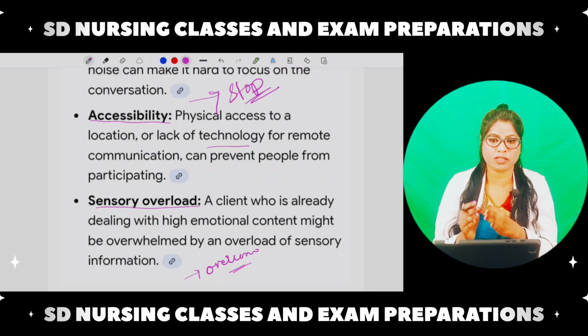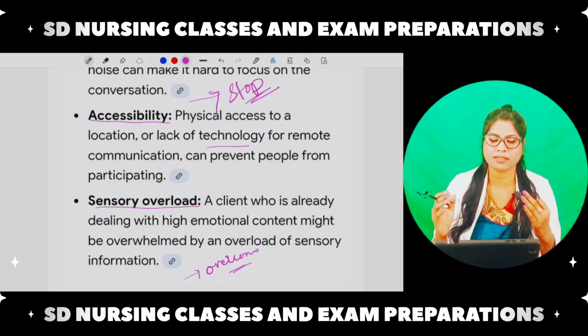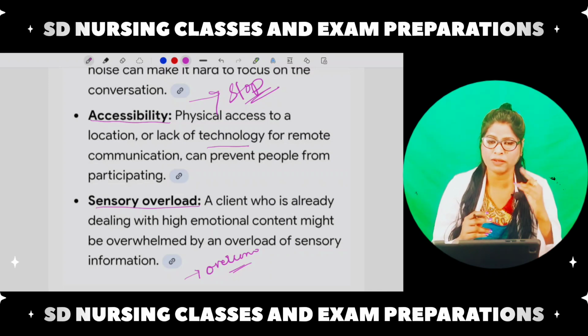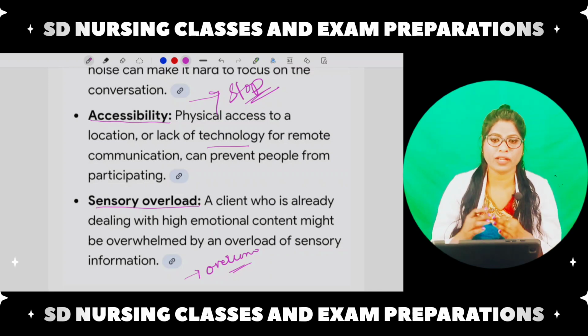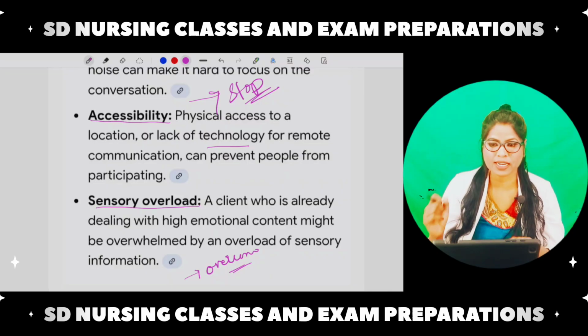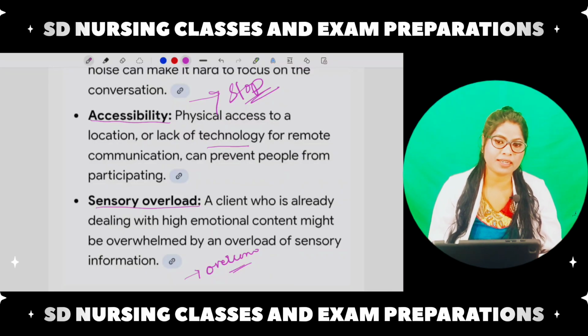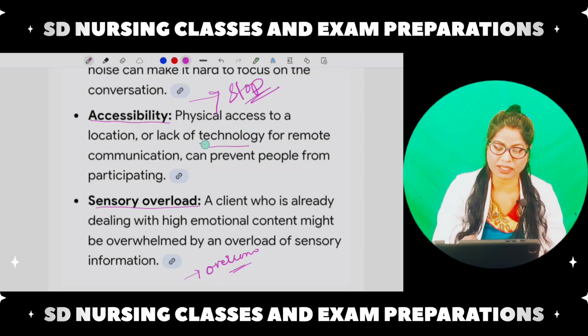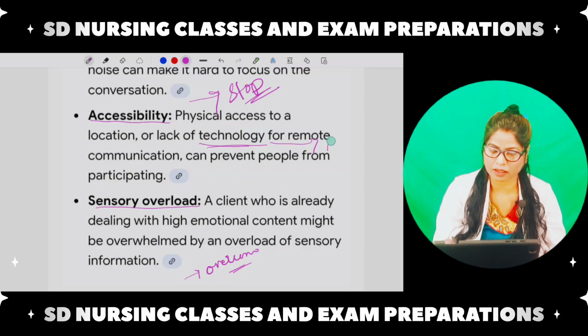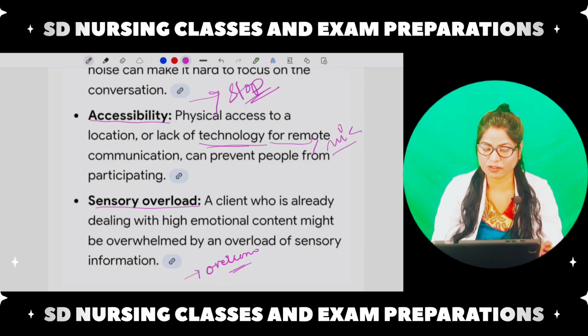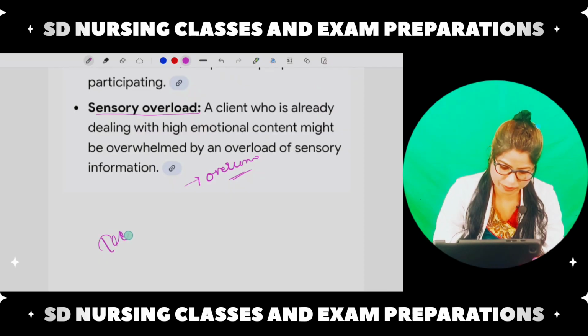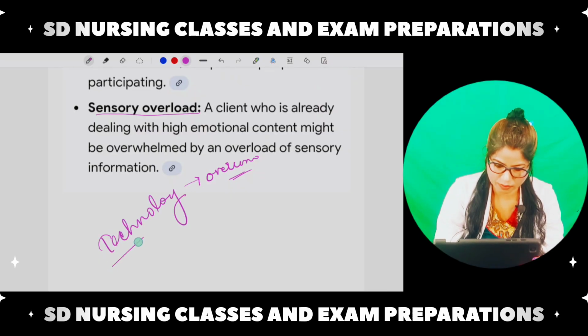And next is technology. Yes, technology means what? If in a crowded place a guest is there and people are waiting to listen to him, but at that time people can't hear what the guest is saying. So where is the defect? That is the defect of the technology, the mic.